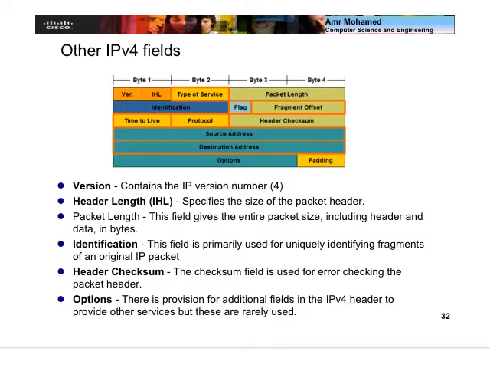So the identification here only helps you to reconstruct the fragments, but it does not help you to identify a specific end-to-end flow at all, because there is no such thing. There is no end-to-end connection. Remember, IP is connectionless, okay?